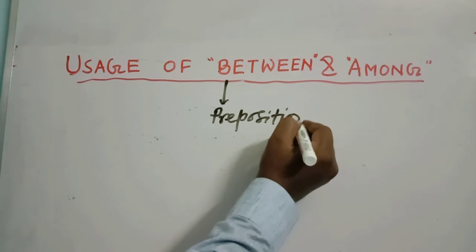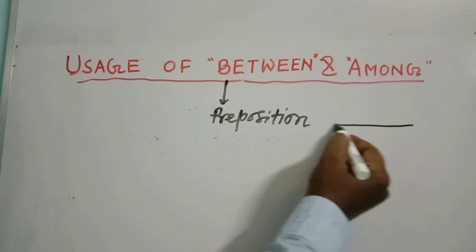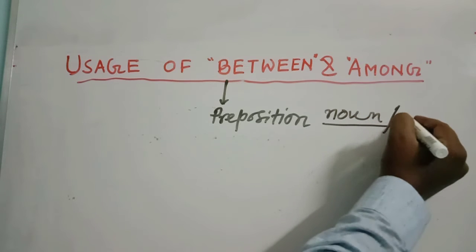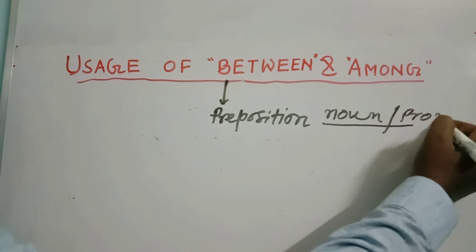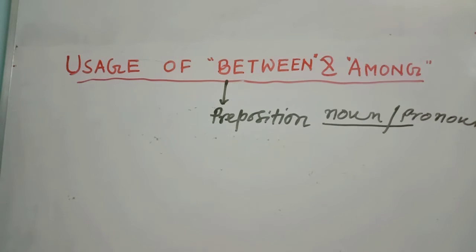And we all know, my dear friends, that prepositions are placed before nouns or pronouns, and they relate with the other words. So they make relations with the other words in the sentence.